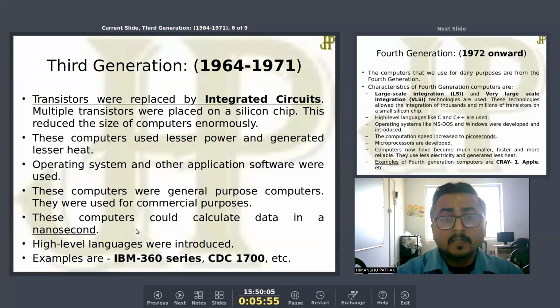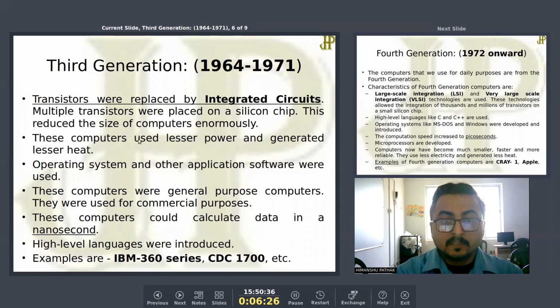Moving on further, the third generation starts from 1964 and ends on 1971. And in this generation, transistors were replaced by ICs, okay, integrated circuit. Multiple transistors were placed on a silicon chip. Thus, it reduces the size of computers enormously.